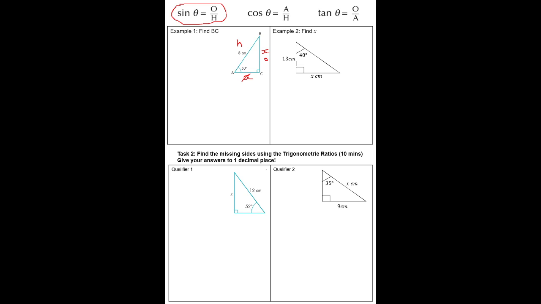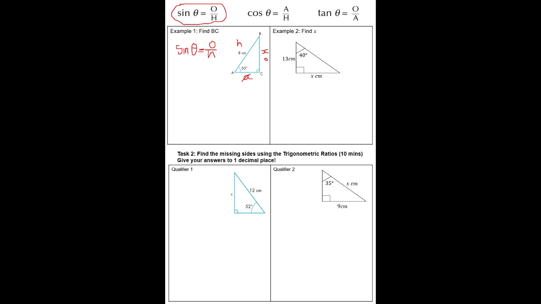We need SOH. So sine theta equals O over H. So I'm gonna write that. So sine theta, again forgive my writing, equals O over H.